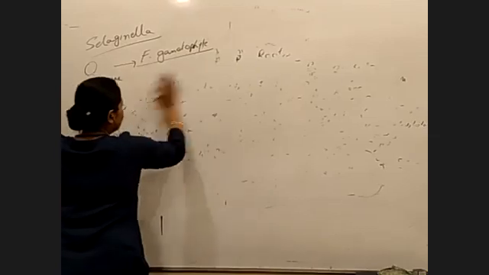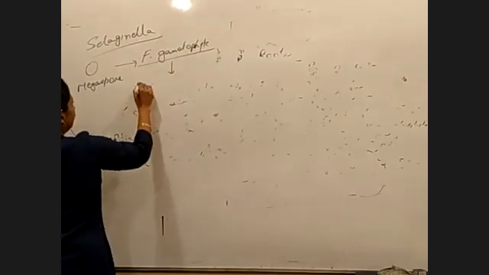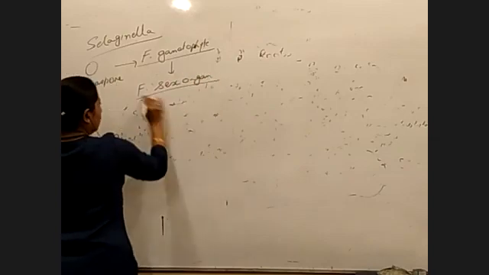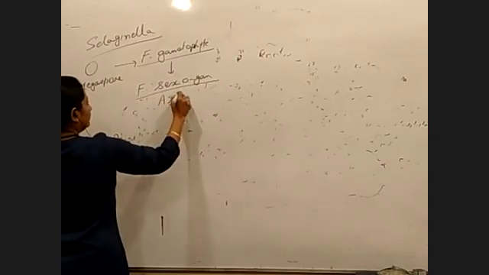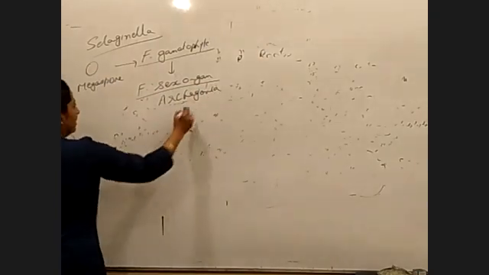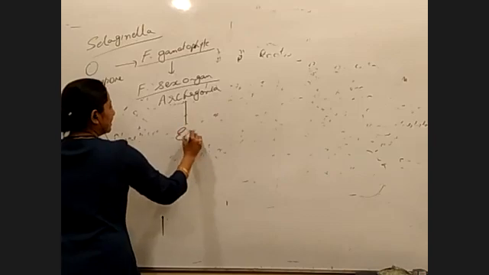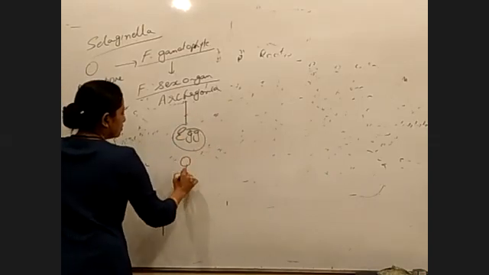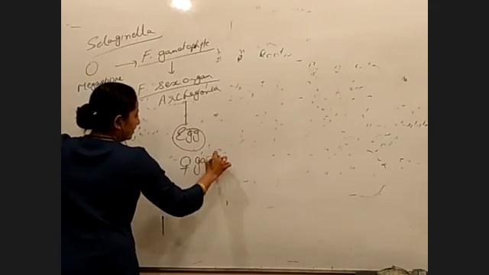The female gametophyte has the female sex organ, which is called archegonia. Inside the archegonia there is the egg, which is also called the female gamete.